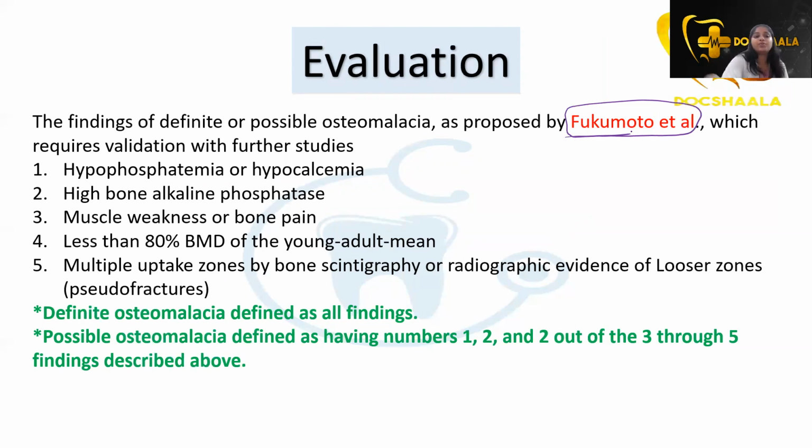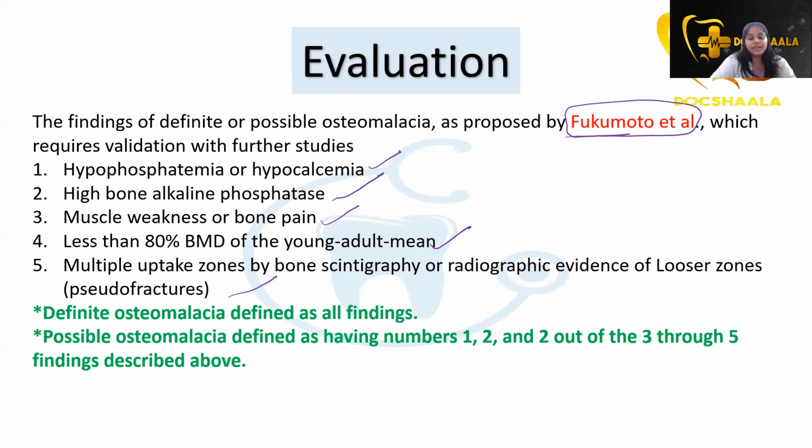What they have proposed is hypophosphatemia or hypocalcemia, high bone alkaline phosphatase, muscle weakness or bone pain, less than 80% of the BMD, that is bone mass density, of young adult men, and multiple uptake zones by bone scintigraphy or radiographic evidence of Looser zones, that is pseudo fractures. When the patient has all five factors, definite osteomalacia is present. Definitely the patient is suffering from osteomalacia.